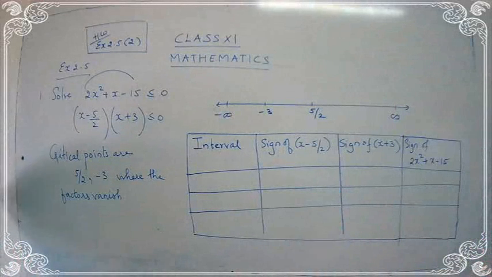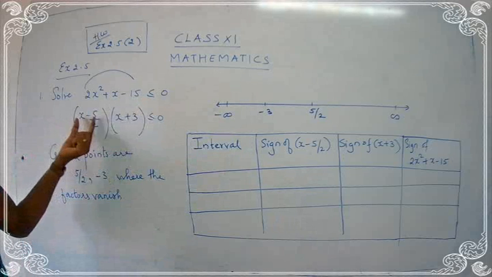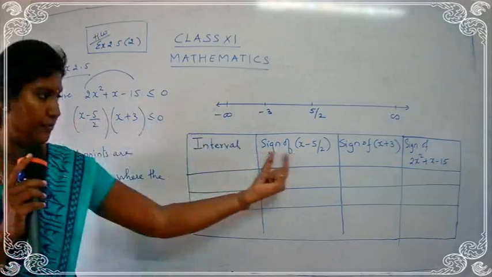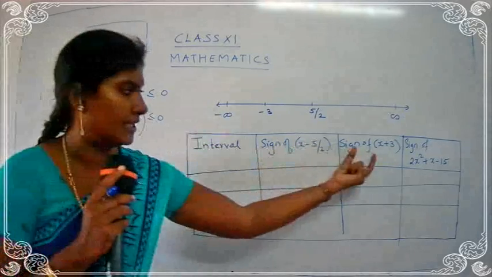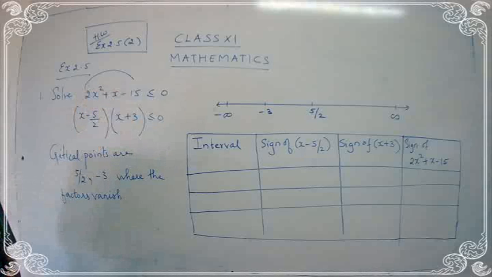The second one is sign of x minus 5 by 2. You get this from the factorization. Sign of x minus 5 by 2. Then sign of x plus 3. And sign of the whole equation, that is 2x square plus x minus 15.